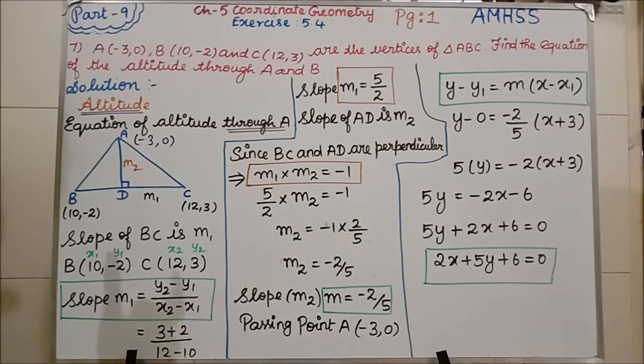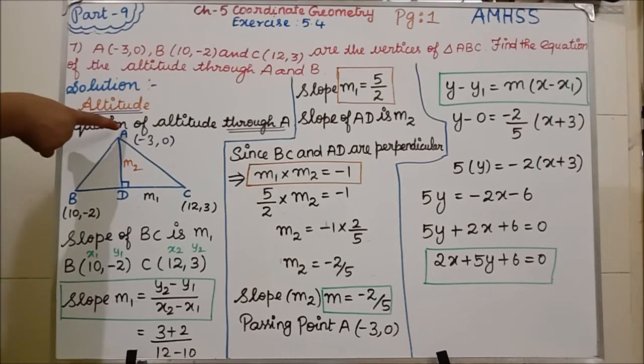In the board exam, they will not ask you both at a time. Either they will ask altitude through vertex A or altitude through vertex B. So when they ask altitude through A, if you draw the altitude through vertex B, you will get a wrong answer. Clear? If the question is altitude through A, then through A only you have to draw the altitude.